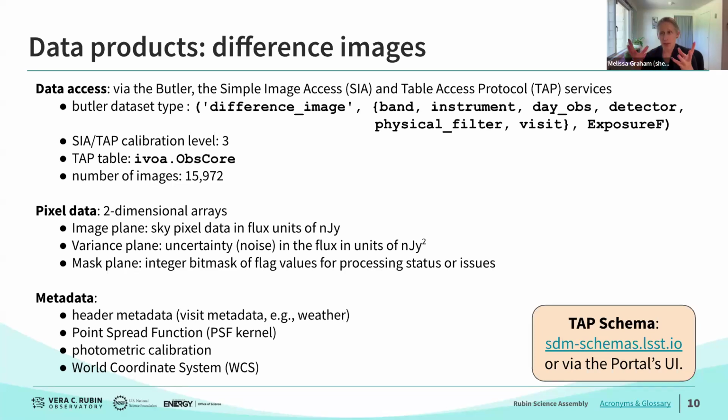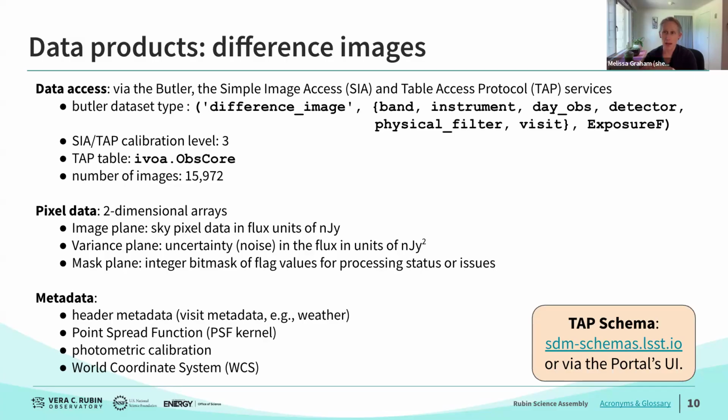And then if you do get a difference image back, what you're getting are three two-dimensional arrays of pixel data. One of the planes is the image plane. It's the sky pixel data, with flux units in nanojanskys. Every image also has a variance plane and a mask plane that helps you understand the processing that's happened to those pixels.